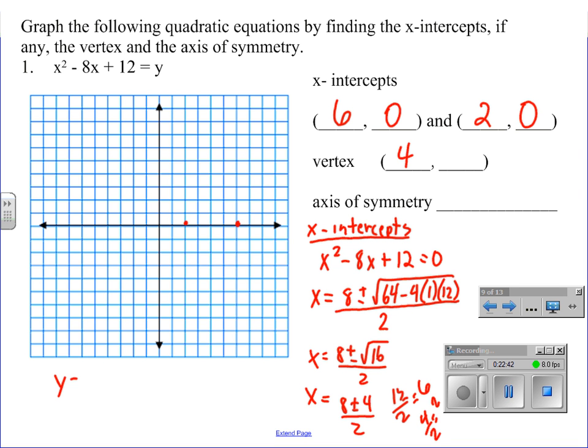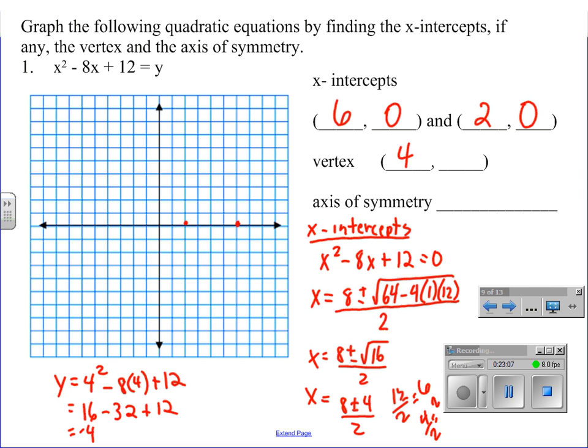y is going to equal 4 squared minus 8 times 4 plus 12. So this is 16 minus 32 plus 12. I get negative 4. You guys agree?